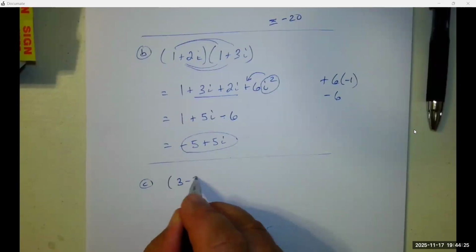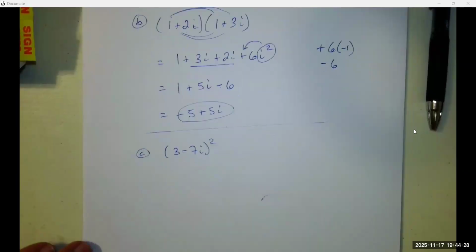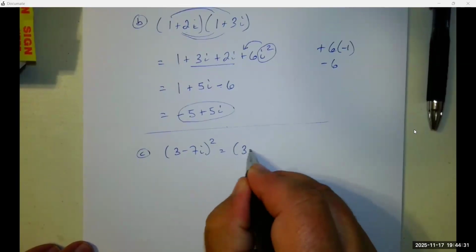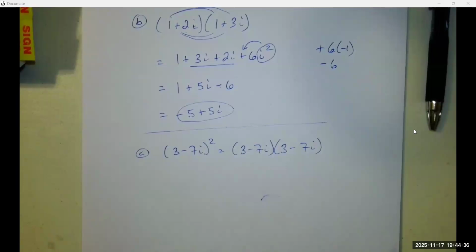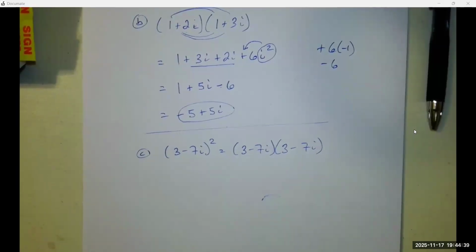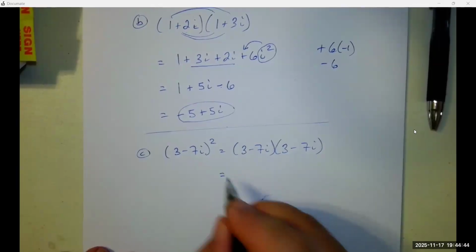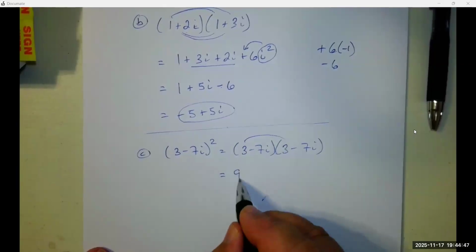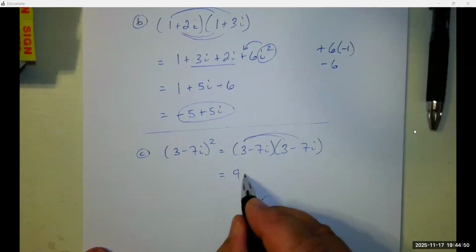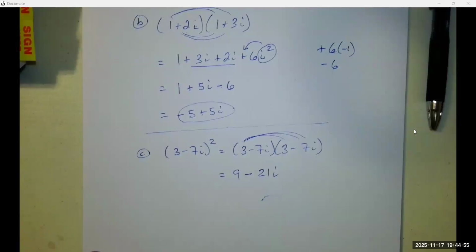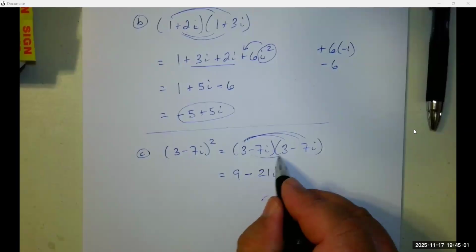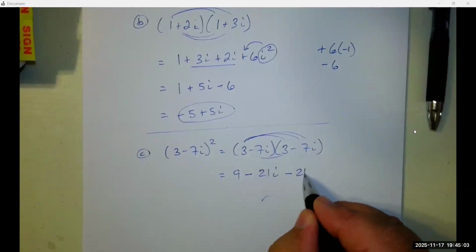Then we have 3 minus 7i squared. 3 minus 7i times 3 minus 7i. So we have to distribute there. 3 times 3 is 9. Positive times negative is negative. 3 times 7 is 21i. Negative times positive is negative. 7 times 3 is 21i.